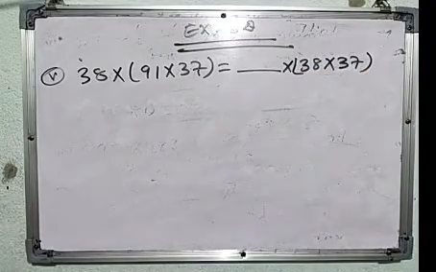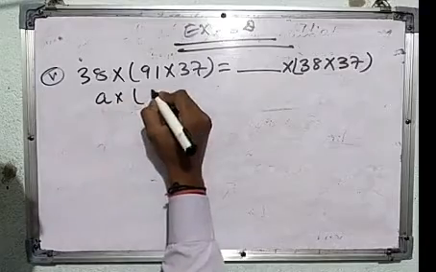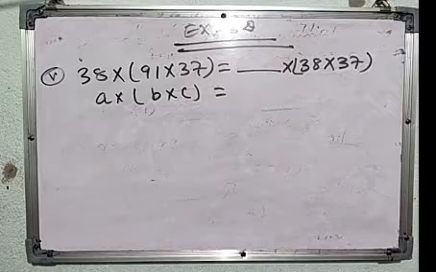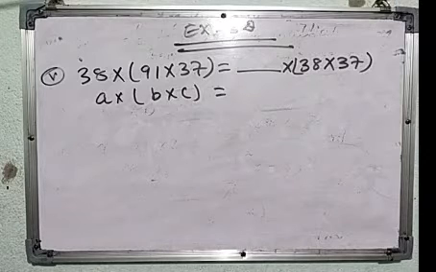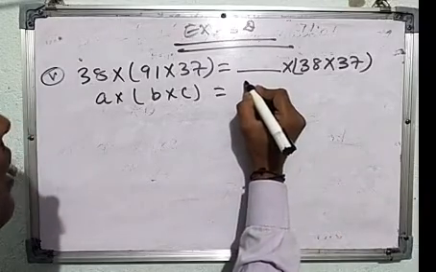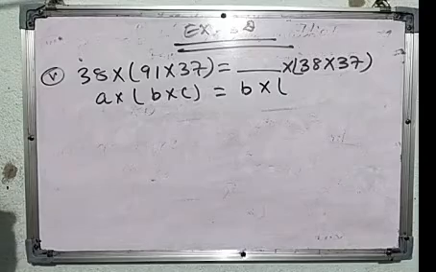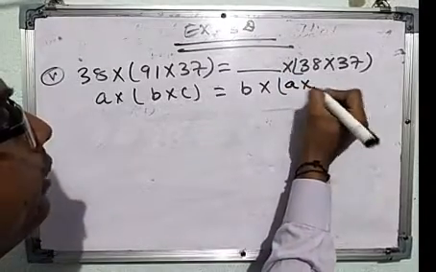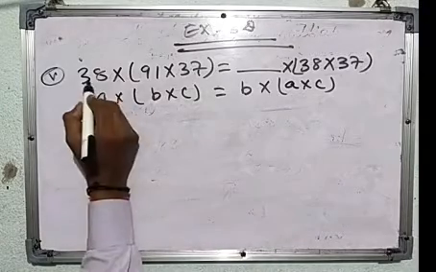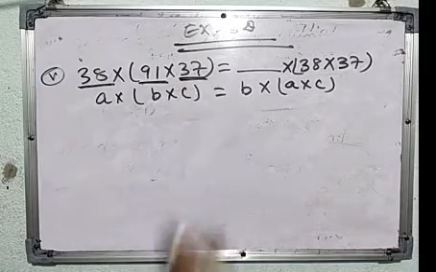So student, you learned in associative law that A into B into C always equal to B into A into C. So here you see the value of A equal to 38, value of B equal to 91 and value of C equal to 37.